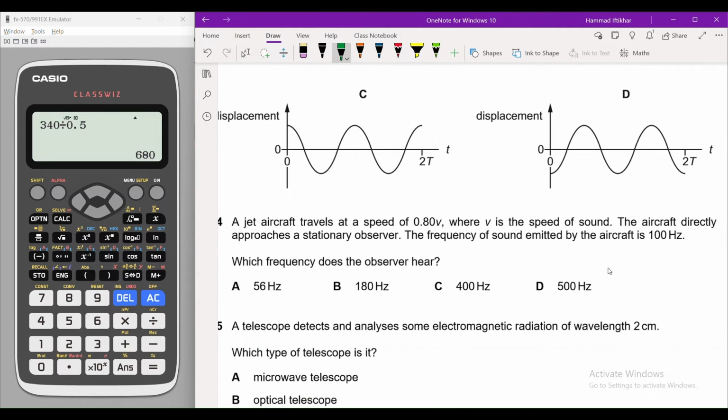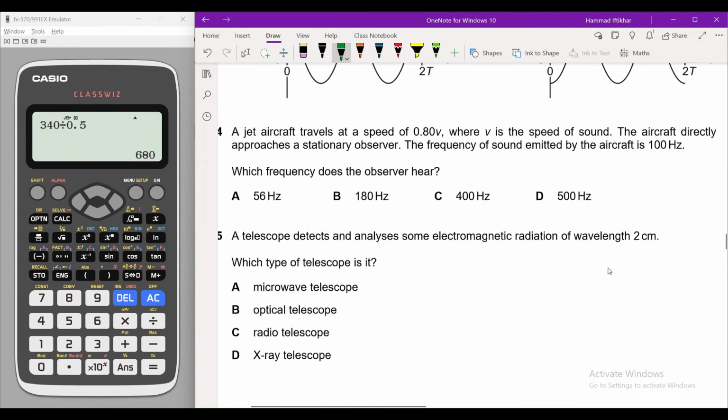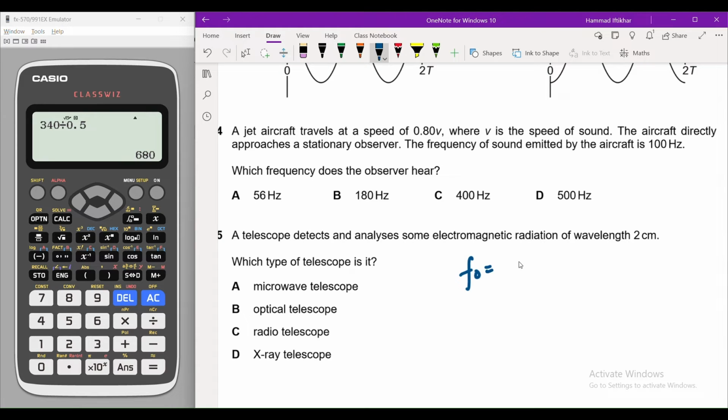Okay. A jet aircraft travels at a speed of 0.80v, where v is the speed of sound. The aircraft directly approaches a stationary observer. The frequency of the sound emitted by the aircraft is 100 hertz. What frequency does the observer hear? So we have observed frequency equal to v over v minus vs times the source frequency, where v is the speed of sound.